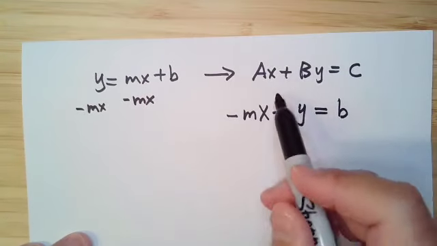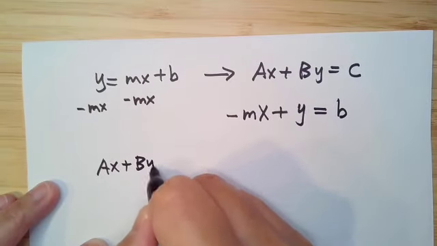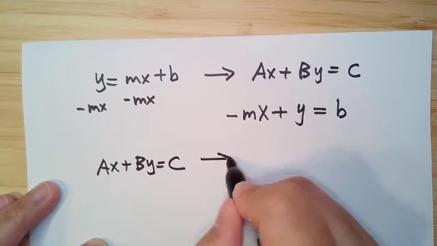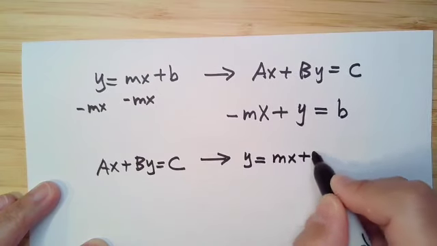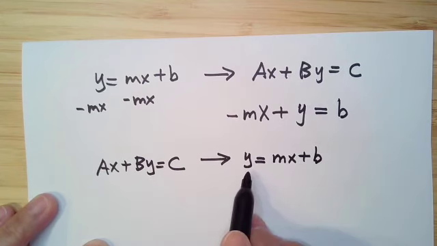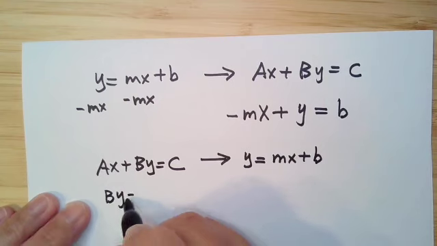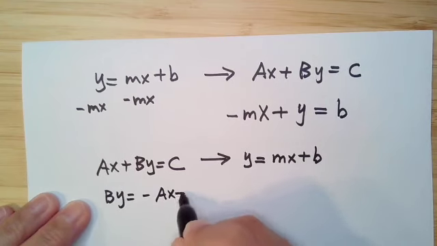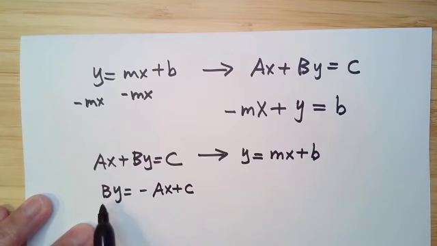So if you want to change from ax plus by equals c, how do you change that into y equals mx plus b form? We want to isolate this y. So I get by equals negative ax plus c. You see what I'm doing? I subtract ax on both sides. Then I divide by b.